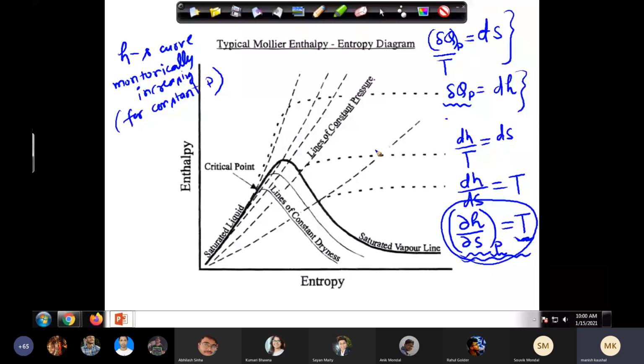Now one more important point. Consider this line here. So here we are in this phase change regime. Do you think it's a straight line? And why?